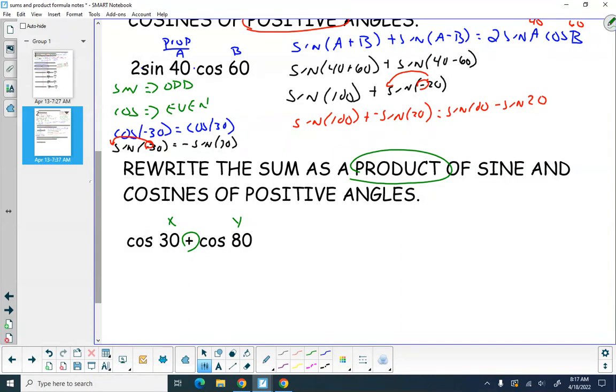Find your cosine x plus cosine y. Which is the second from the bottom.